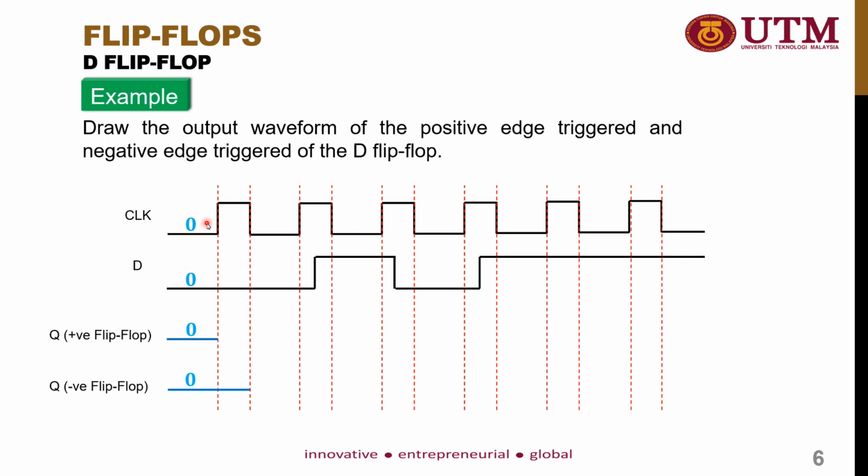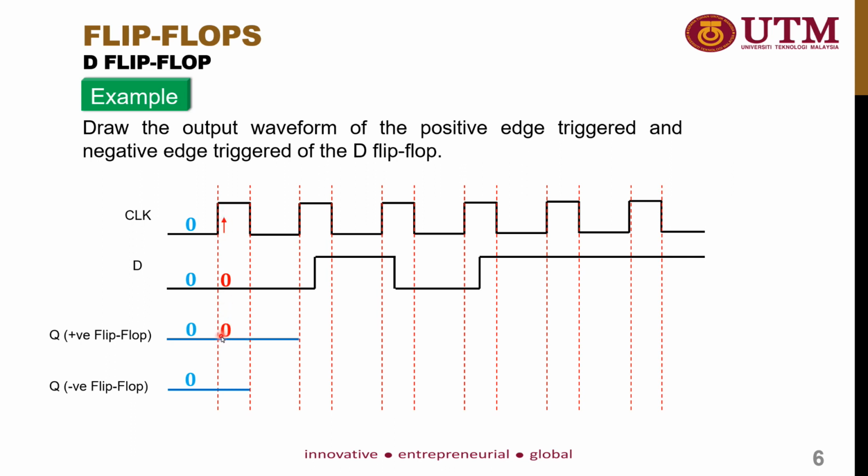Next we see that at the rising edge of each clock signal, this is the rising edge, you observe that the input D is equal to 0. So the positive edge flip-flop will just follow the D signal. When D is equal to 0, the output will equal 0.